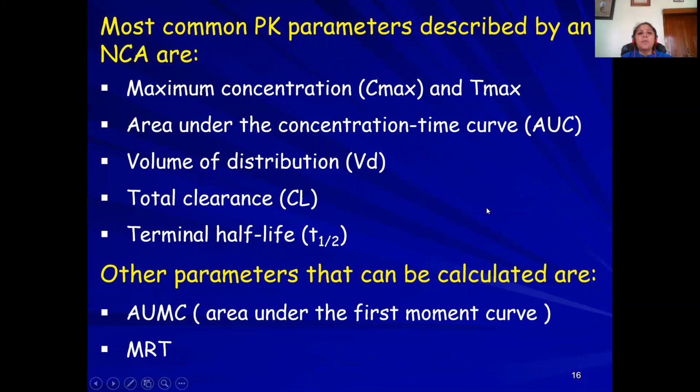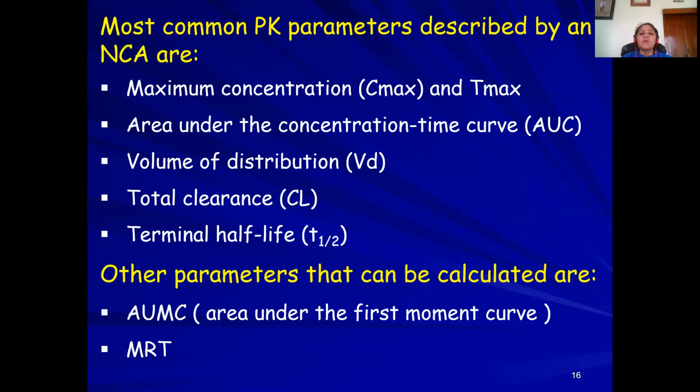The most common PK parameters described by an NCA are maximum concentration, that is Cmax, and Tmax, which can be obtained from the graph. Area under the concentration time curve, AUC, is calculated using the trapezoidal rule. Third is the volume of distribution, which could also be calculated from the graph.